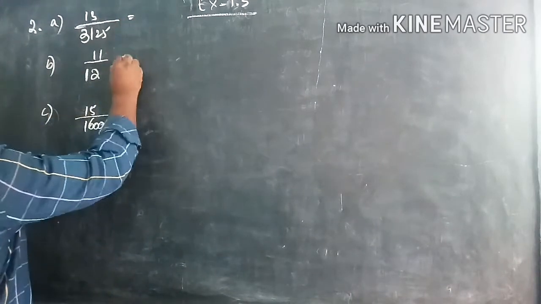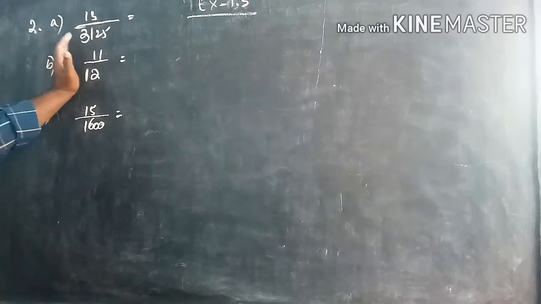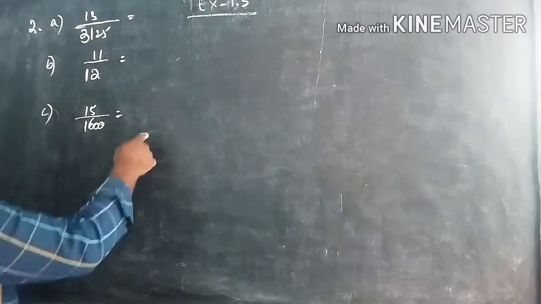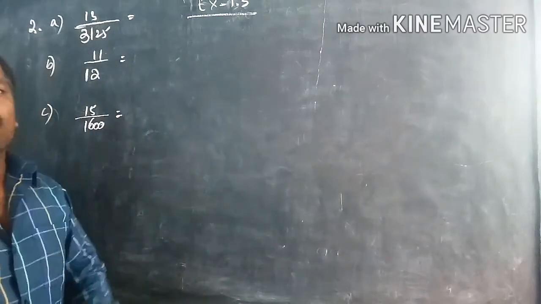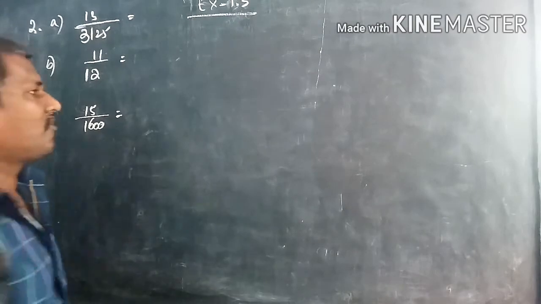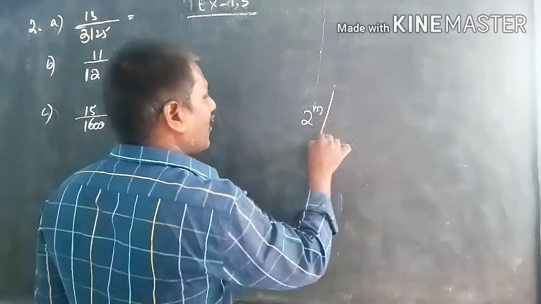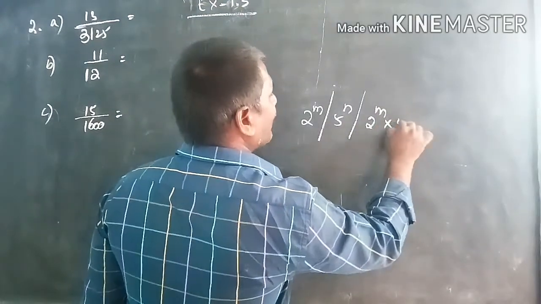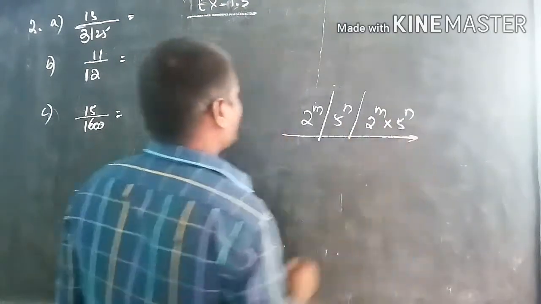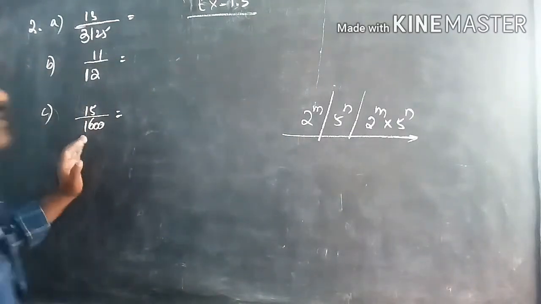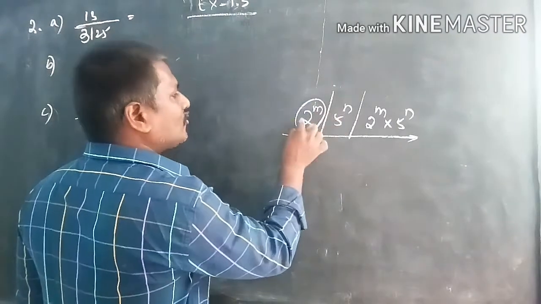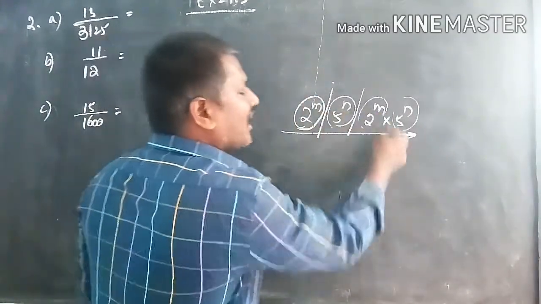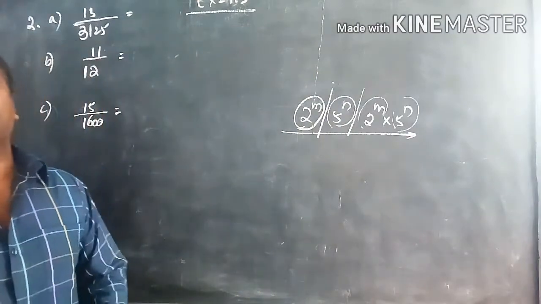If you want to show any rational number's decimal form without actually dividing, you have to know that the denominator of the given rational number must be in the form of 2 power m, or 5 power n, or 2 power m into 5 power n, where m and n are positive integers, I mean natural numbers.